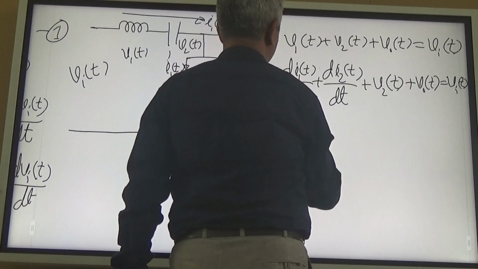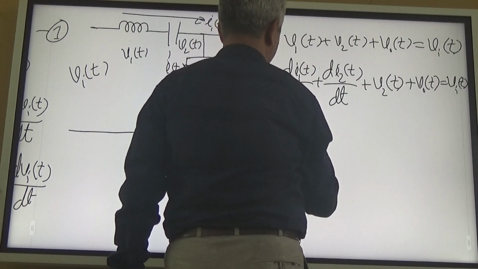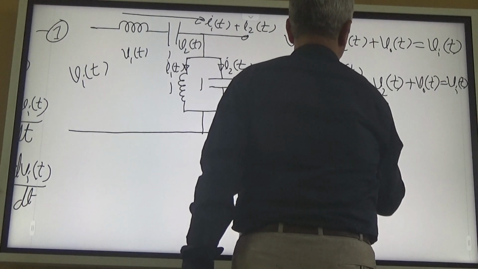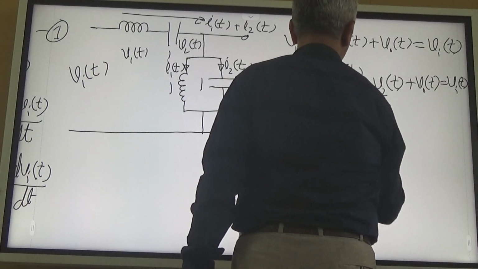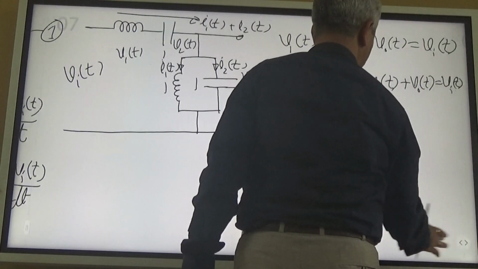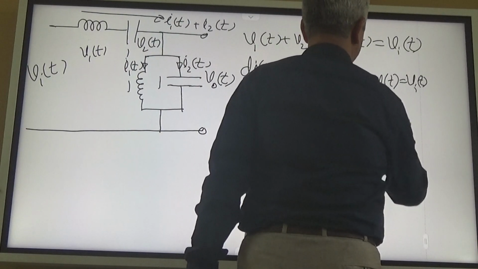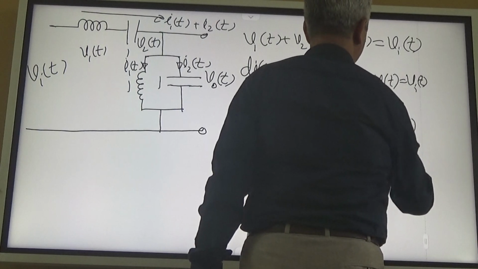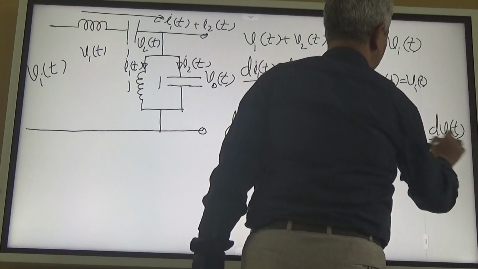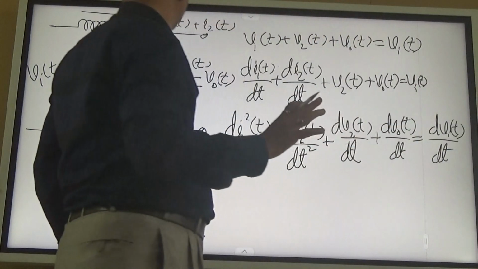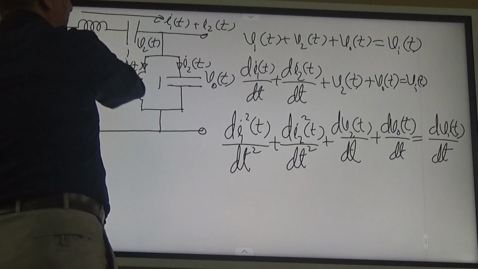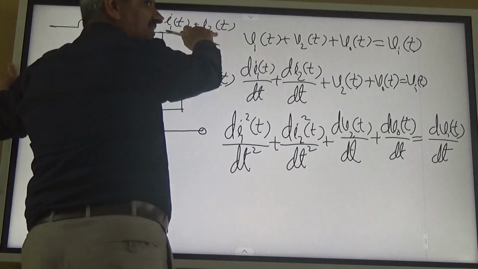Differentiating this equation, what do I get? d square I1(t) upon dt square plus dV2(t) plus dV0(t) equal to dVin(t) upon dt. Right, now I use this equal to this.